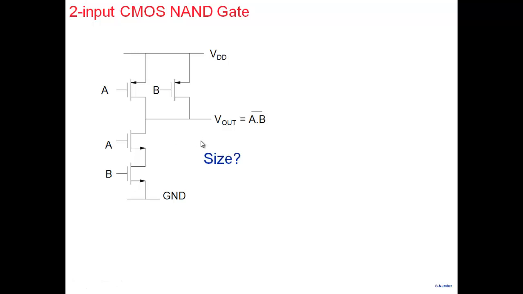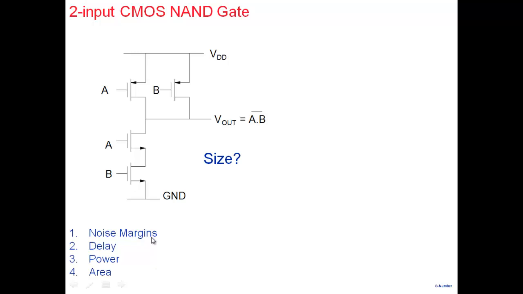And the structure of the NAND gate is fixed. The issue is what sizes. So that's the freedom that the designer has. What size of PMOS should I choose here? And what size of NMOS should I choose here? All right. And for that, remember the sizes that you choose have an impact on these 4 parameters.